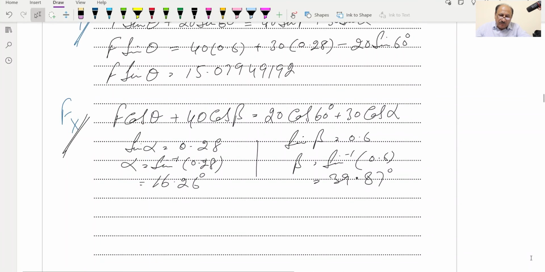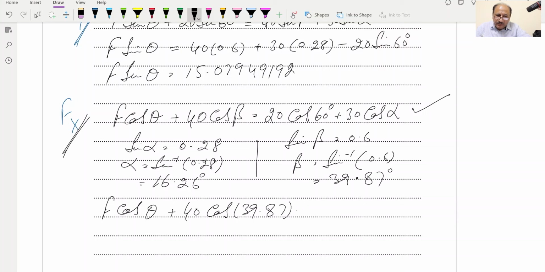Now these alpha and beta we can replace in this equation, and our equation will modify to F cos theta plus 40 cos of 39.87, and this is equal to 20 cos 60 plus 30 cos of 16.26.